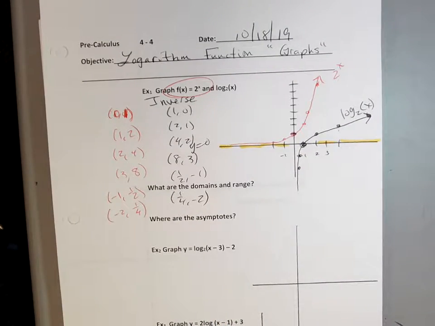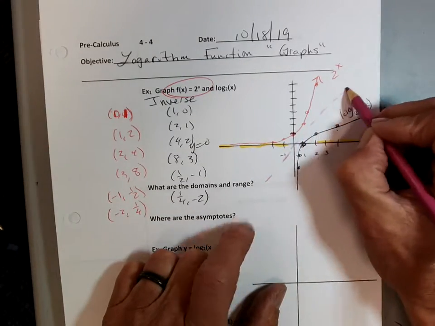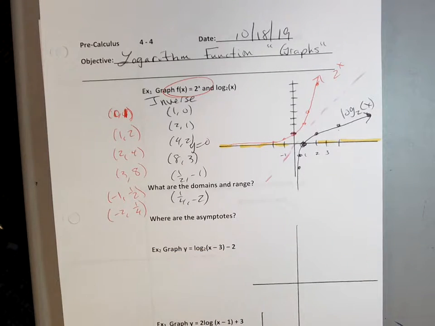We also learned that if you are an inverse of each other, you're a reflection over this line. So an inverse and its function are just a fold over that line. We learned that last week, right? So if they're the opposites, let's make some sense out of this.